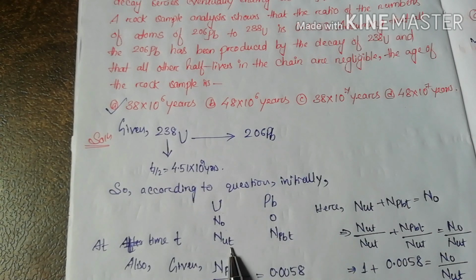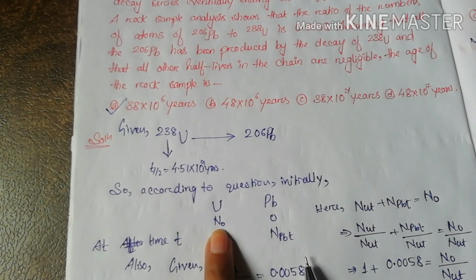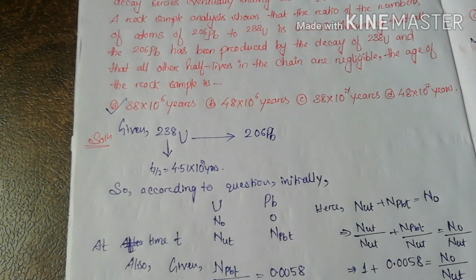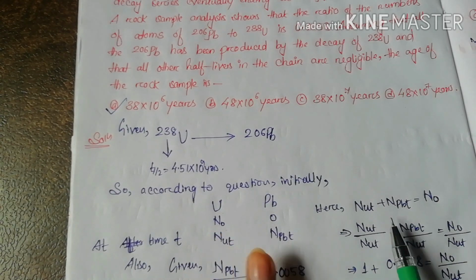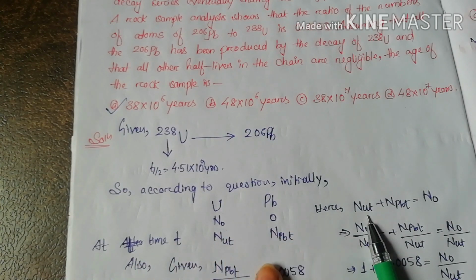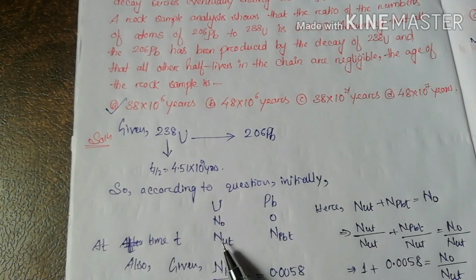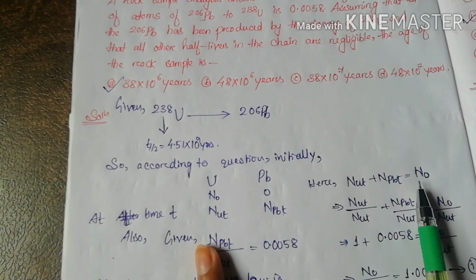But after time t, N_U(t) is the number of uranium atoms, and N_Pb(t), where Pb is the symbol of lead, is the number of lead atoms at time t. Since the initial total was N0, in this time t, N_U(t) plus N_Pb(t) must be equal to N0.